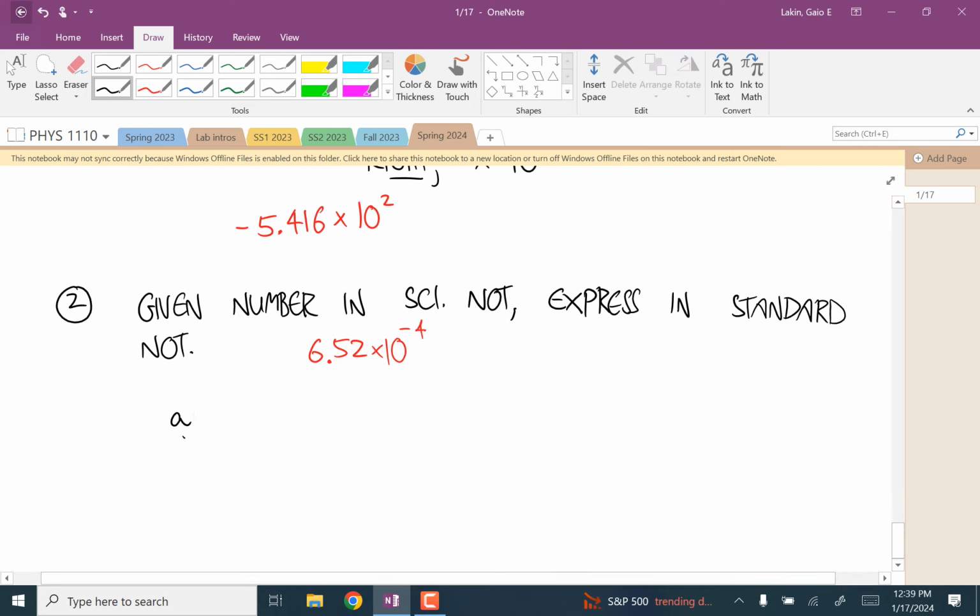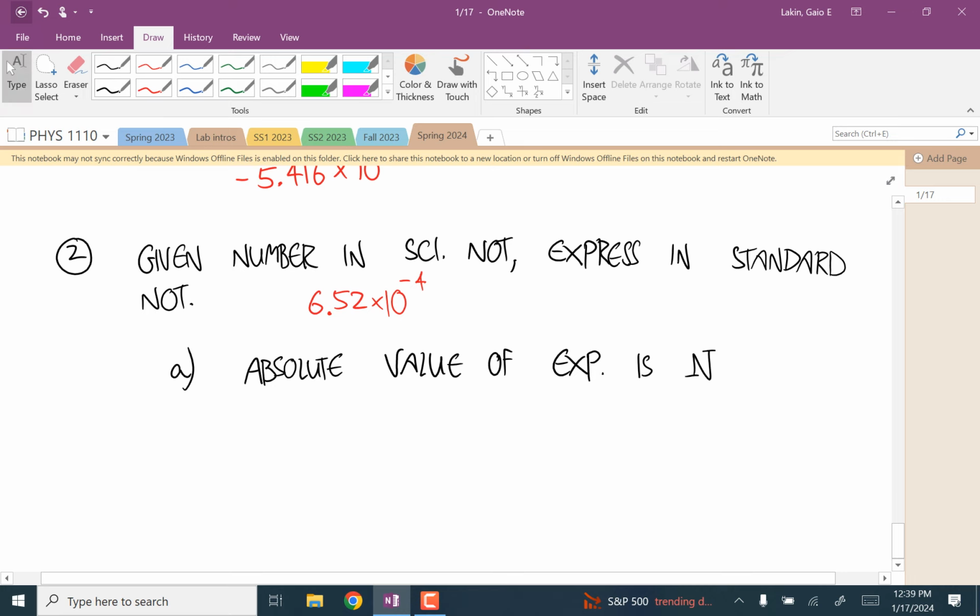Okay, so basically what we're doing is just kind of undoing what we did in the last example, going opposite. So first, let's make note of the absolute value of the exponent. The absolute value of the exponent is what we're going to think of as capital N. In this example, the exponent is minus 4.